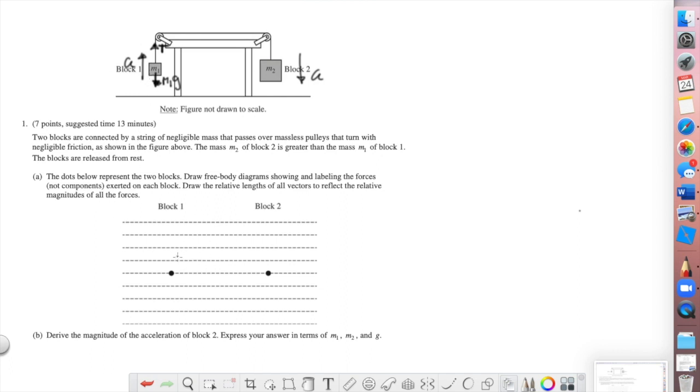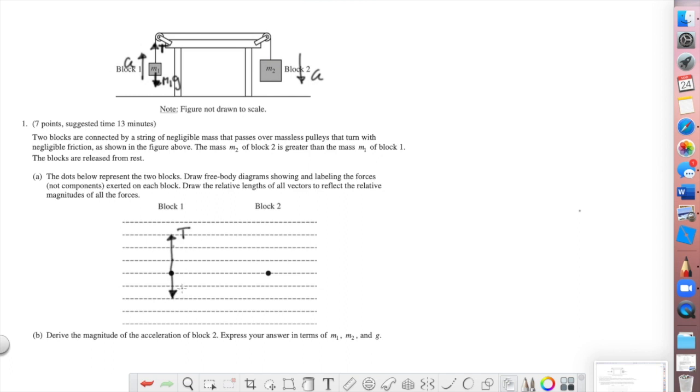So let's draw that over here on our free body diagram. Let's draw this upward 3 grid lines up. So we went 1, 2, 3, and we're going to label that T for tension. Now, in order for block 1 to have that upward acceleration, it must be bigger than the downward force of gravity.